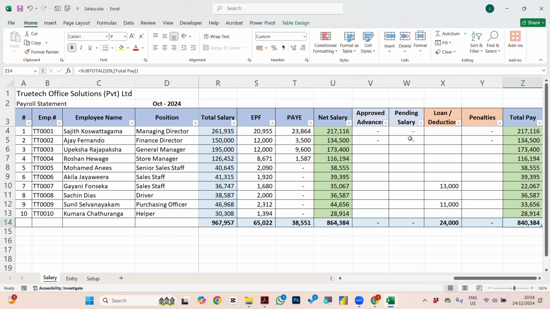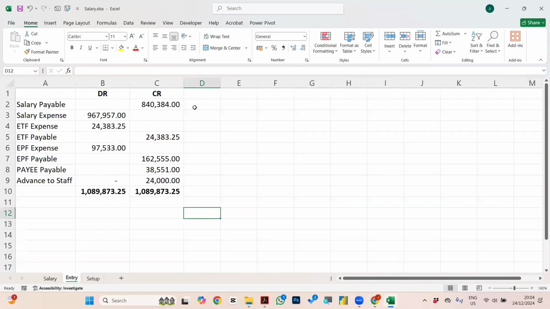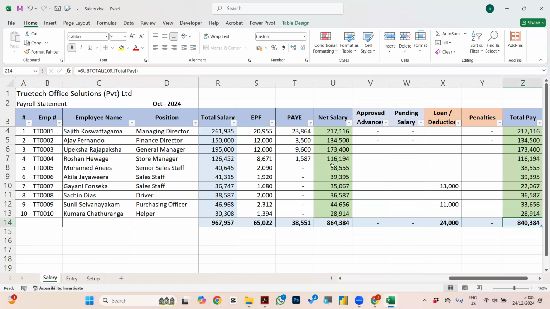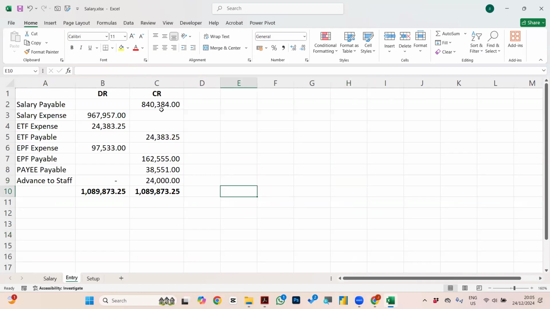Now I've connected all this together and set up an entry that will pop up here automatically. Based on this, we can record the transaction in the system. I'll just explain how this works. Now, 840,000. First we'll start with salary payable. How much do we have to pay to the staff?